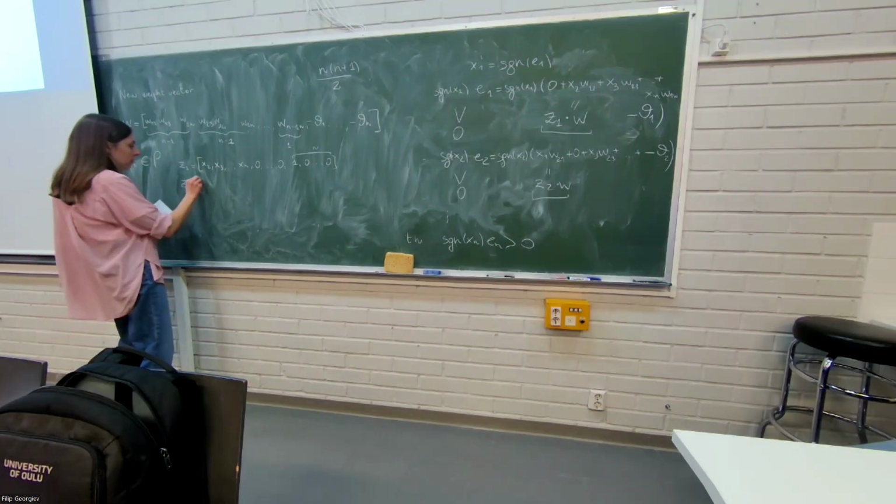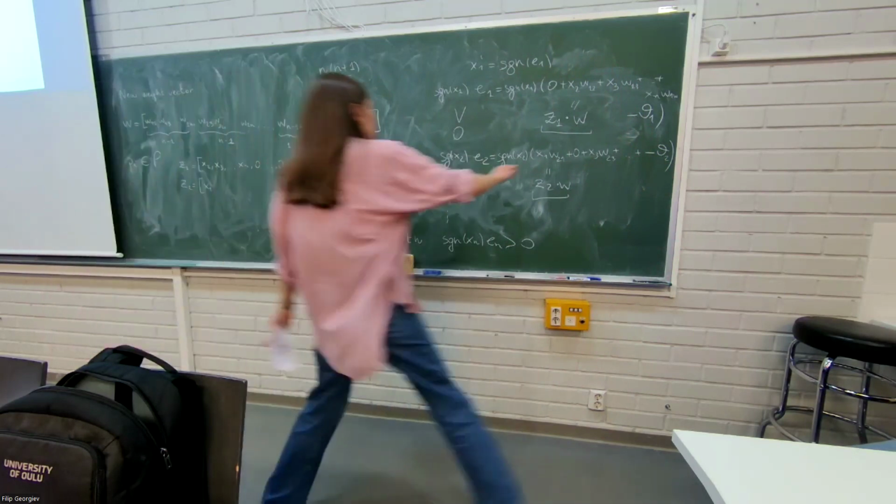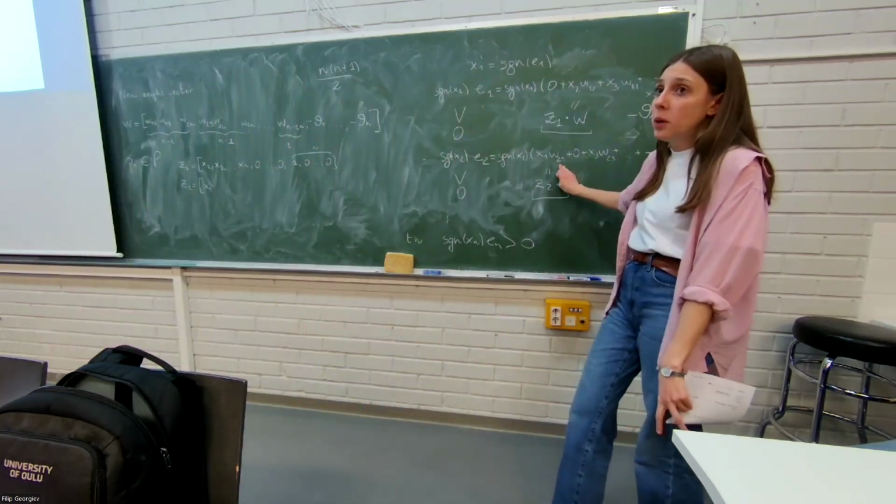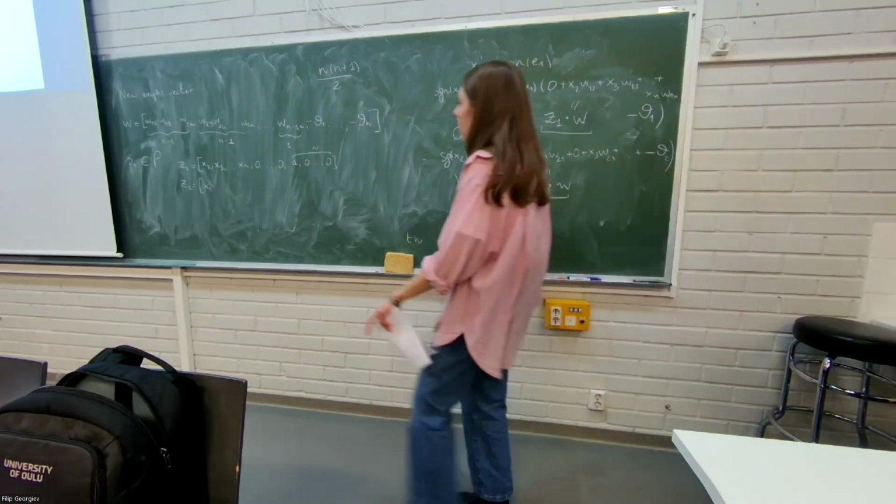This one. Why did I put x1? Because here I have x1 times w2 1. So I want this to be multiplied by this.